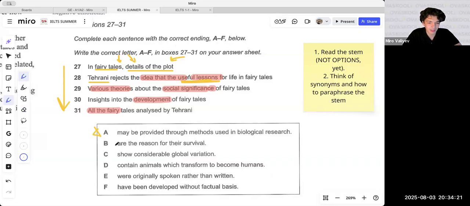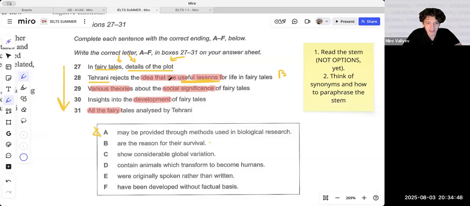Then, Tehrani rejects the idea that useful lessons for life in fairy tales are the reason for their survival. Perhaps it's the best match so far, but I'm not sure yet. So let me put B for now. But let's keep reading.